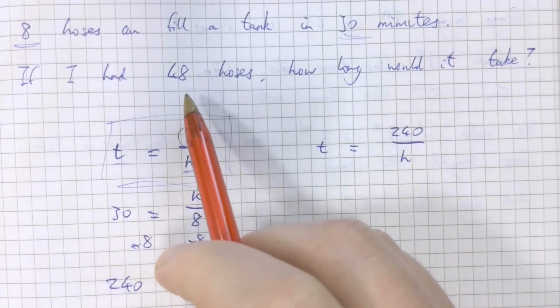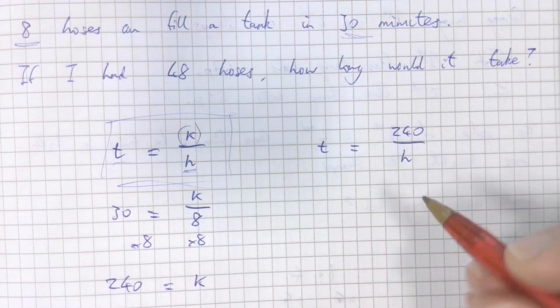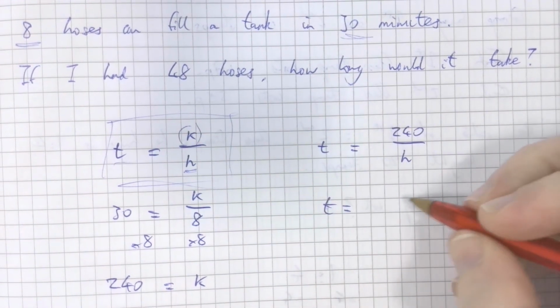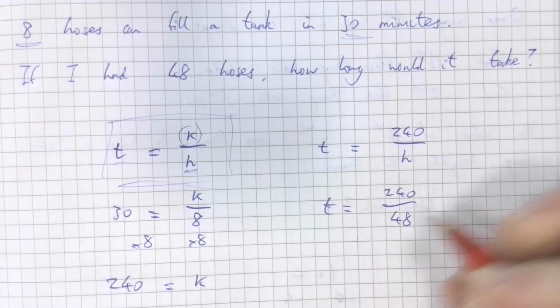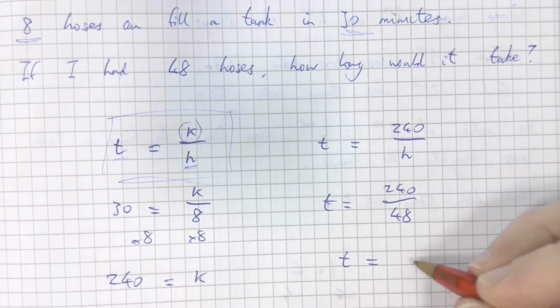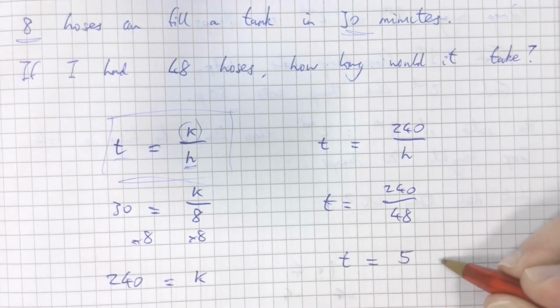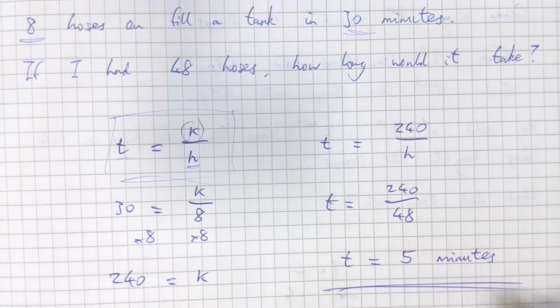So if I've got 48 hoses, I can just replace H in this equation with 48. 240 divided by 48 gives me the length of time in minutes that it's going to take. And let me save you the suspense, that's 5 minutes. 240 divided by 48 is 5.